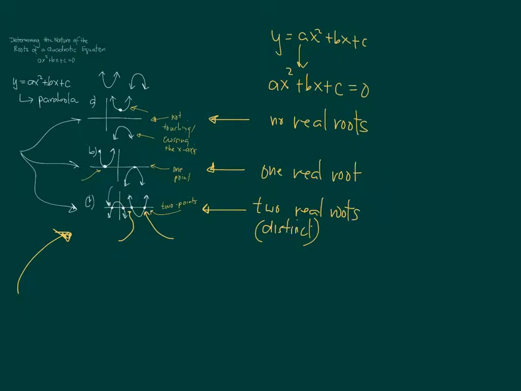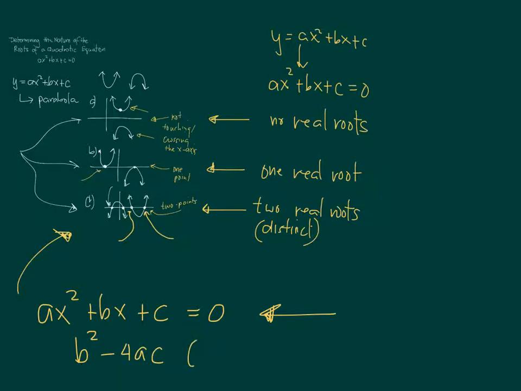And here's the idea. For any ax squared plus bx plus c equal to 0, provided that the quadratic equation follows this form, when you compute b squared minus 4ac, we call this the discriminant.